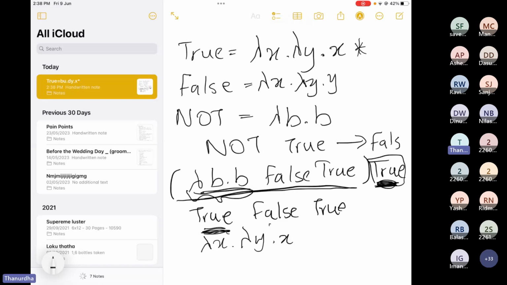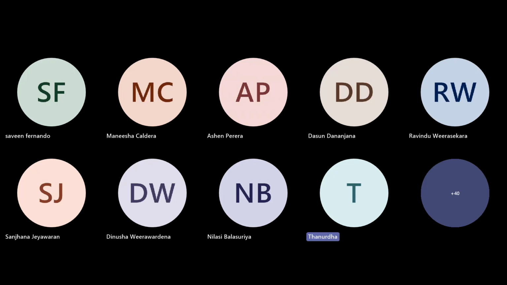These are the two things we have, false and true. So we input true and then we're going to get false, because over here we chose x, like the syntax. So that's how we use the NOT gate in lambda calculus.